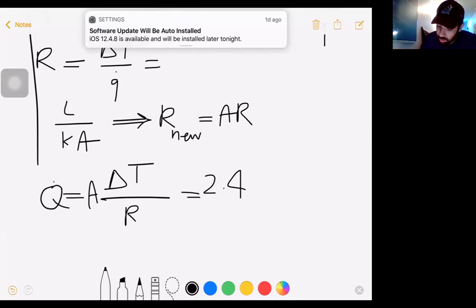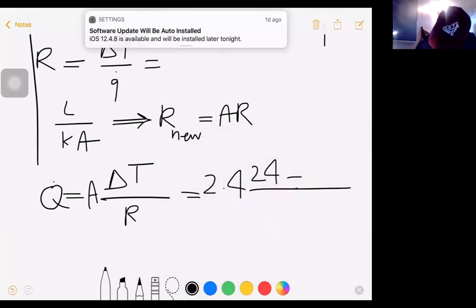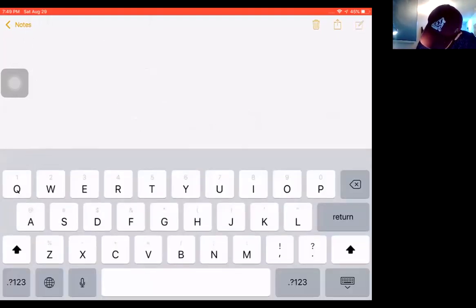So 2.4 times delta T, which was 24 minus 5. Sorry, it doesn't work. I don't know why the pen is not working.